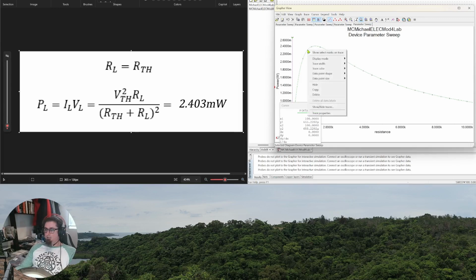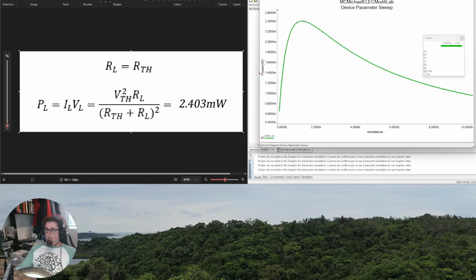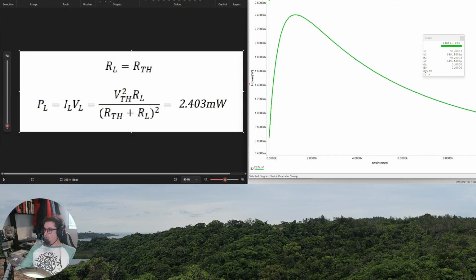I'm going to start by increasing the trace width to about 5, so it's a little bit easier to see what we're doing here. I'm going to make this big as well. Now, I'm going to take these two and get them as close to either side of the maximum of this.